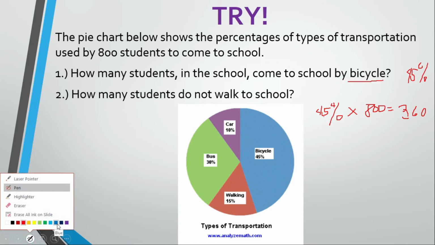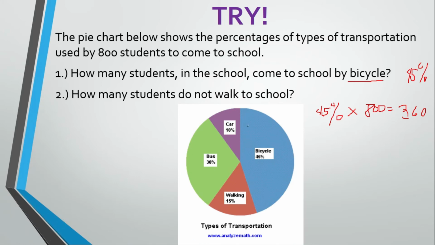Now let's have the other one. How many students do not walk to school? So do not walk to school, then lahat na to, 30 plus 10, 40 plus 45, 85%. So, 85% of 800 is now 680 students.